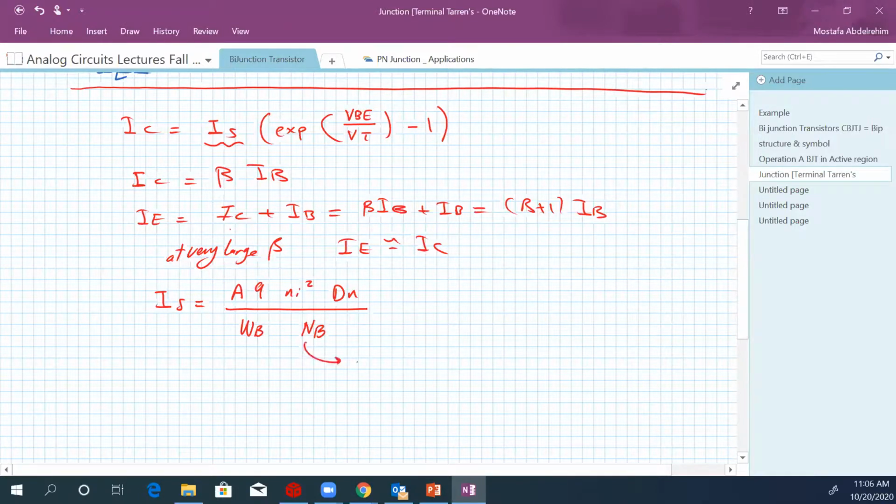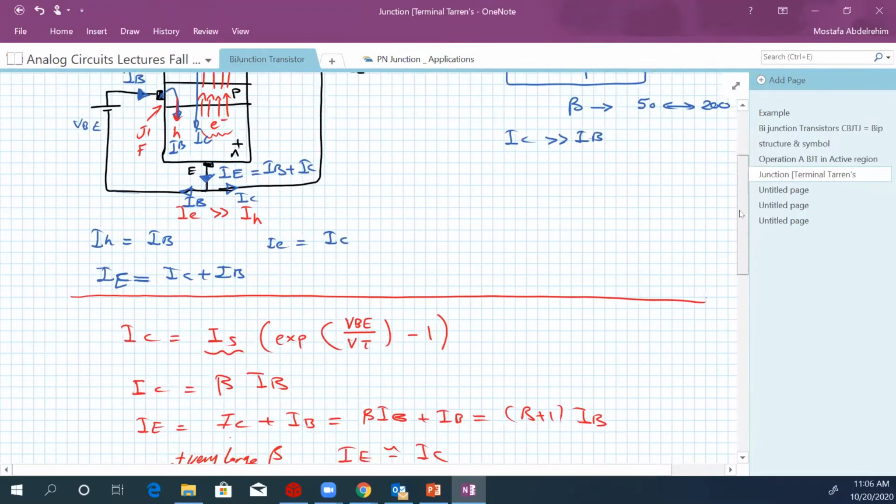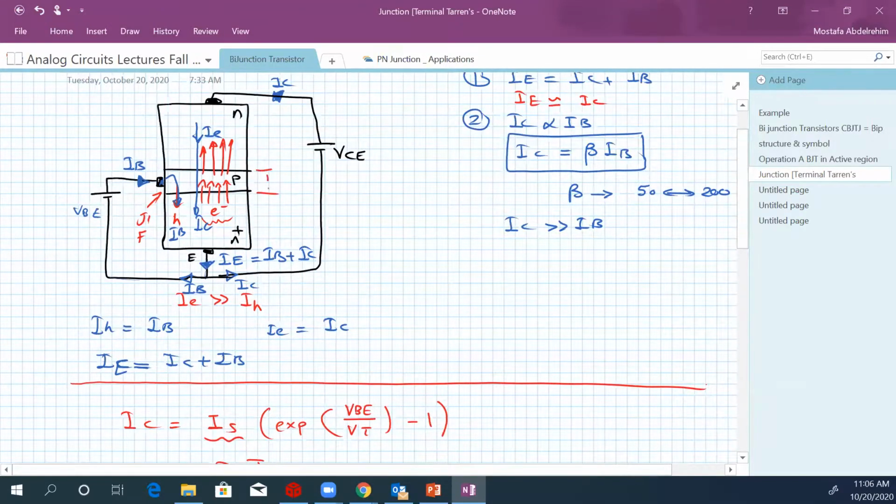So this is the doping of the base, and this is the width or thickness of the base. So this is W, so this is WB actually.